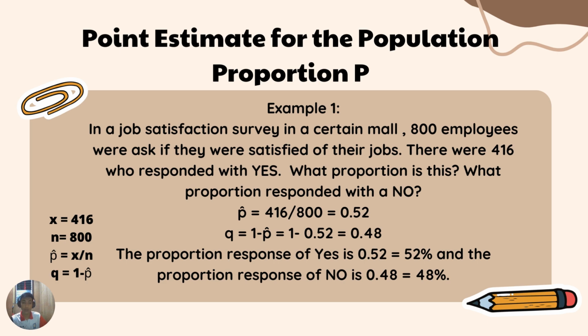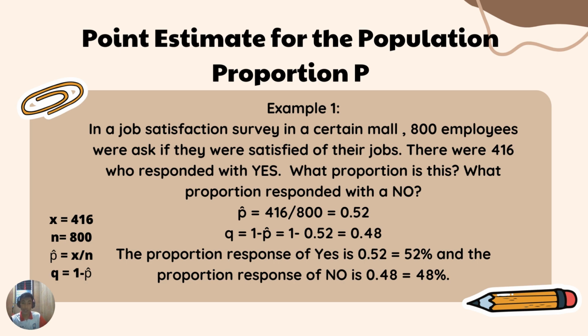Since we already found the two missing pieces, let's proceed to the next step. p hat is equal to our x, which is 416, over the n, which is 800, and it is equal to 0.52.